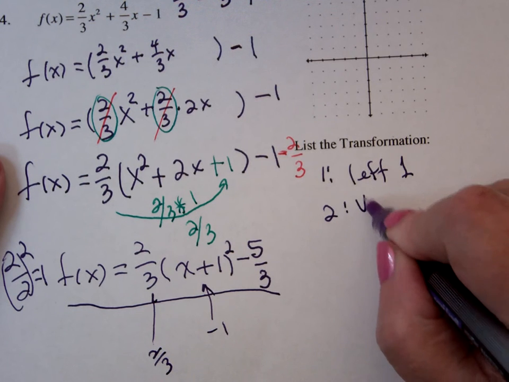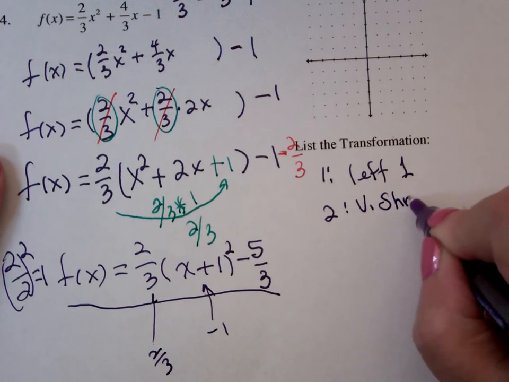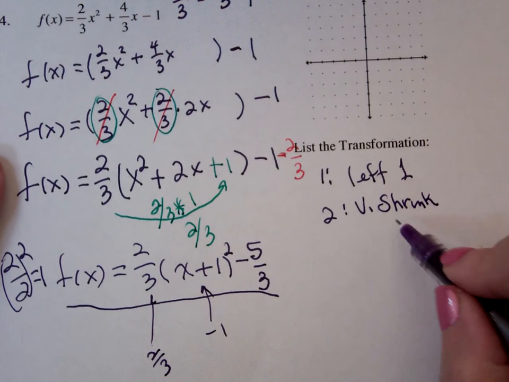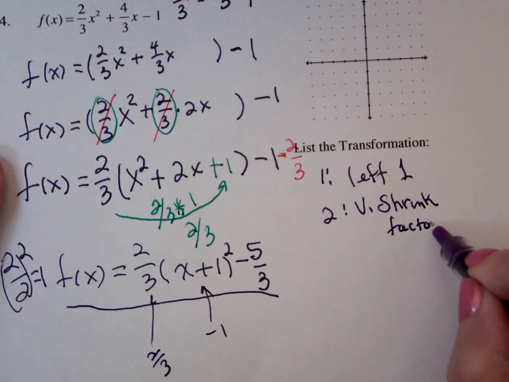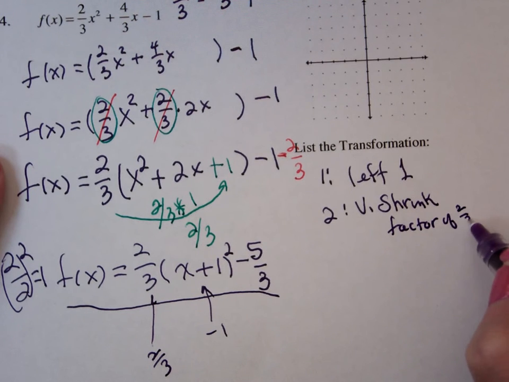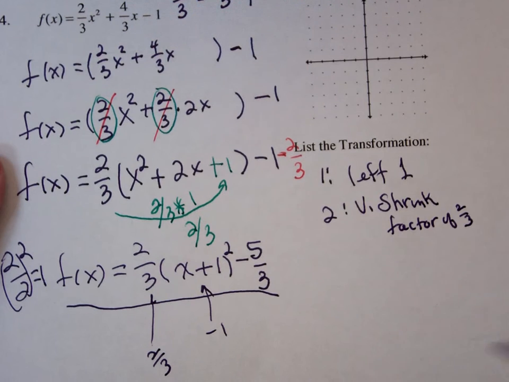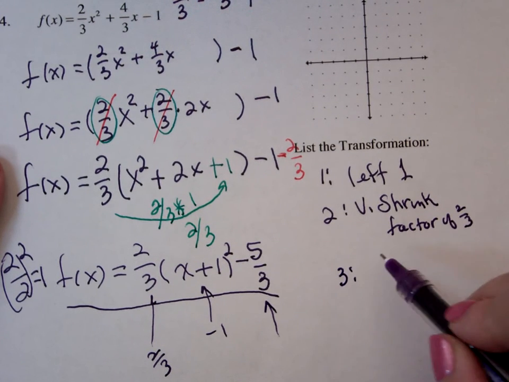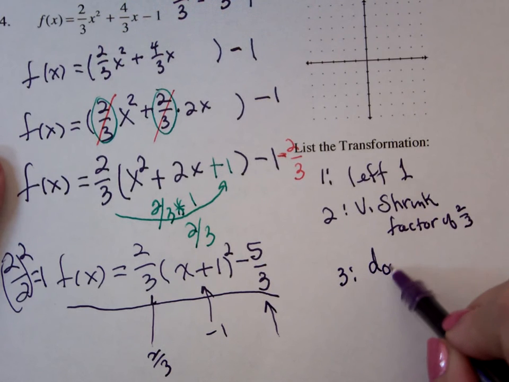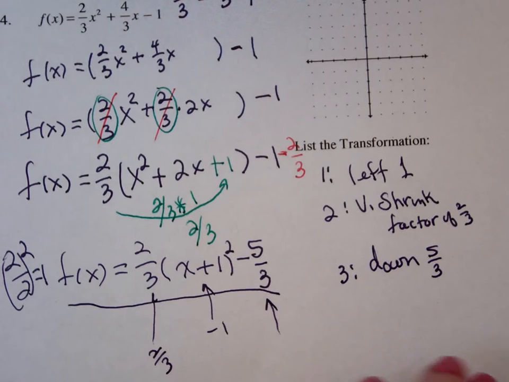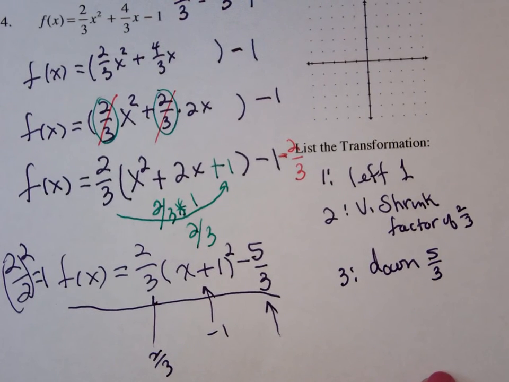Vertical shrink, by a factor of 2/3, and I write it there because I'm going to be performing a transformation from this. And now I'm done there, and what do I have now? Down 5/3. It wouldn't be wrong to say down negative 5/3. I would say same thing.